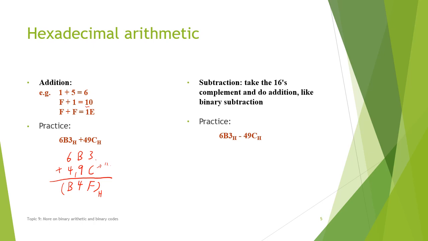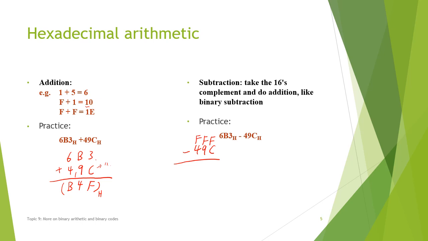For subtraction, we can subtract directly, but we can also do the 16's complement and then addition. Okay, so basically we first take 49C here. Then we use the number with all F's to subtract this.